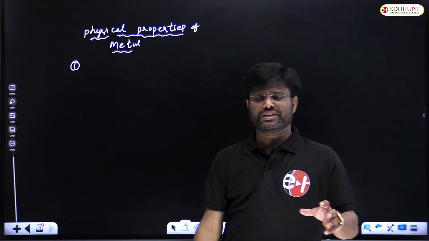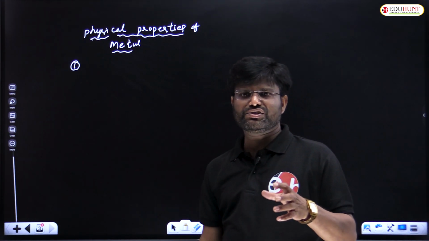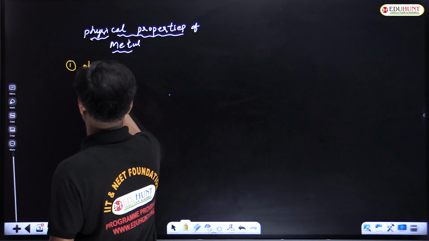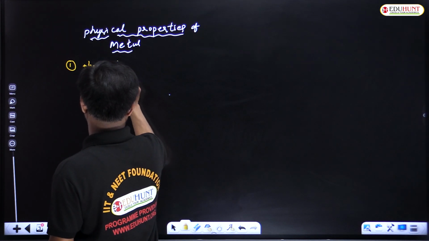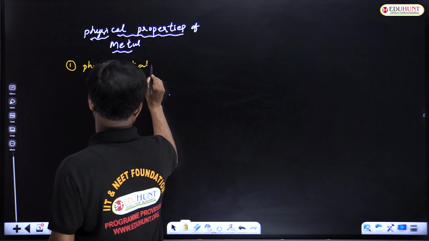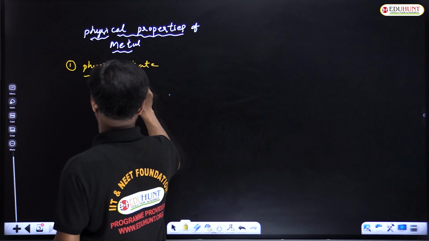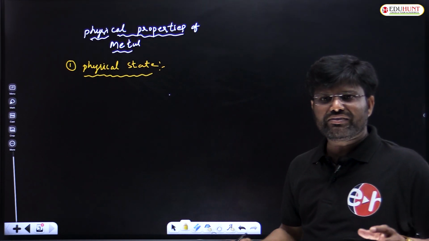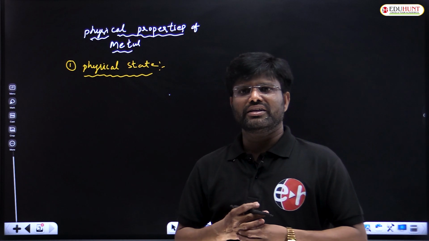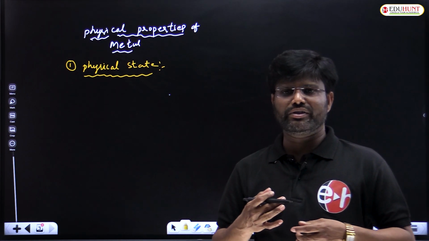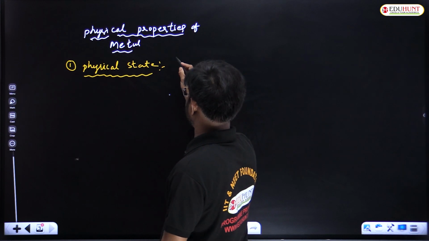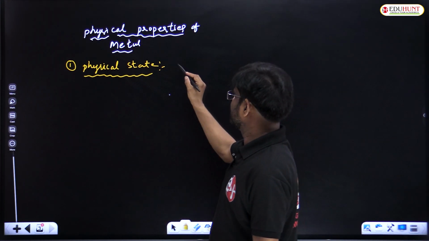The elements which exhibit physical properties. First one is physical state. Children, physical state of the metals. Most of the metals are in solid state. So the first one is solid state.